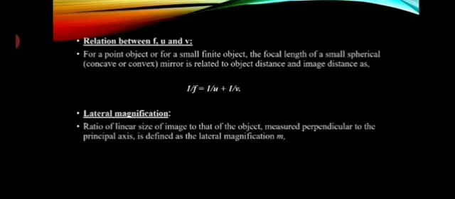When the size of the image is greater than the size of the object, the lateral magnification m is greater than 1, and when we obtain a diminished image, that is the image size is less than the object size, then m is less than 1.